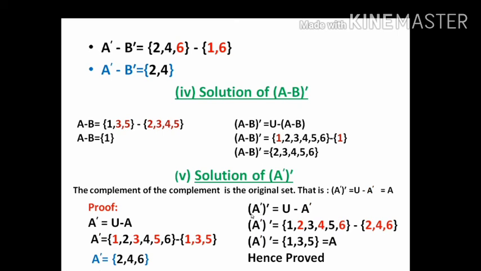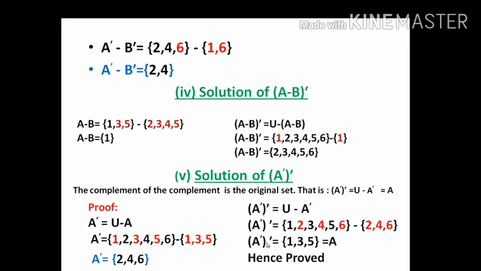Now in the second step, (A complement) whole complement is equal to U minus A complement. Then (A complement) whole complement is equal to the members of the universal set 1, 2, 3, 4, 5, 6 minus sign, then the members of the A complement set 2, 4 and 6.